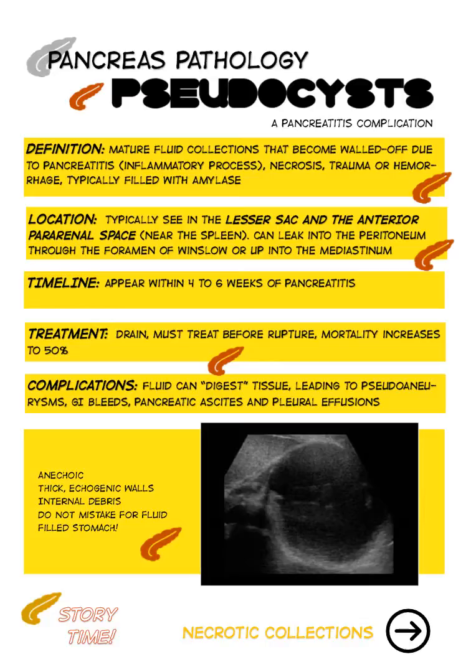It might start to eat away at the intestines, so we'll see bleeds within the gastrointestinal tract, and we might see some ascites in the abdomen, and that's especially with rupture of the pseudocyst.